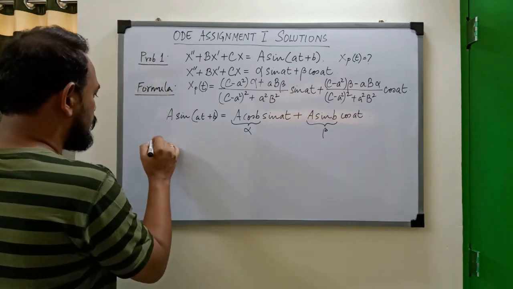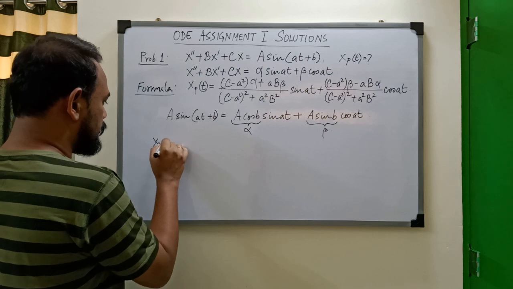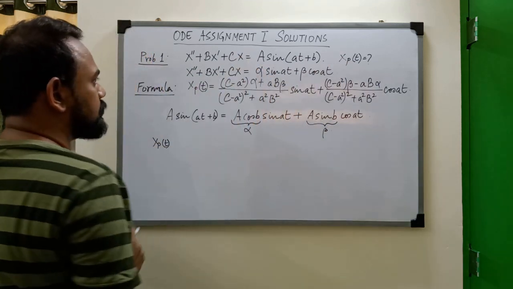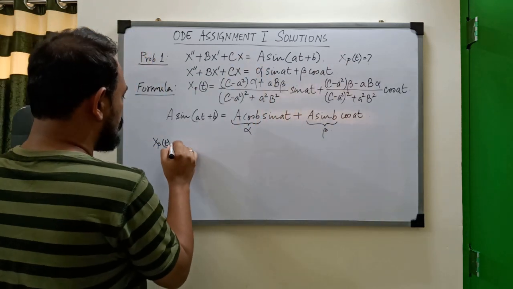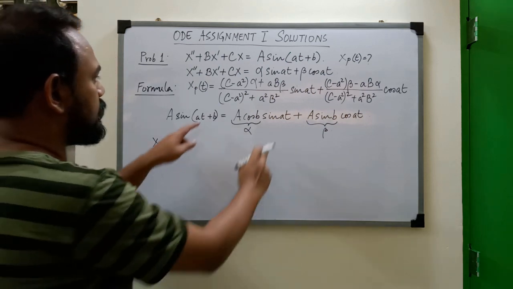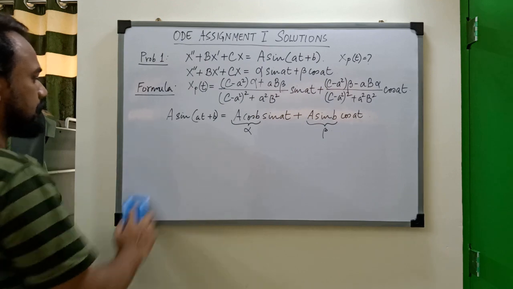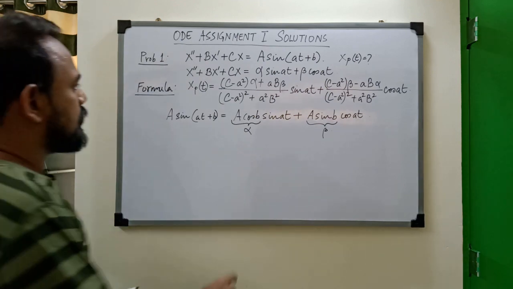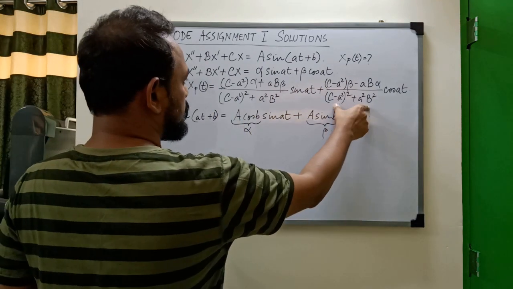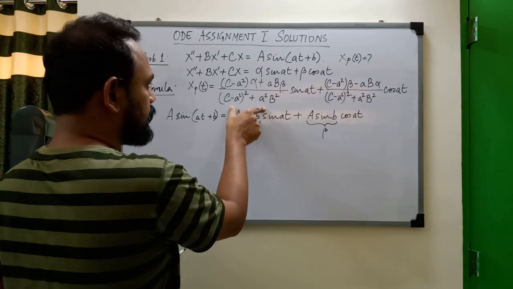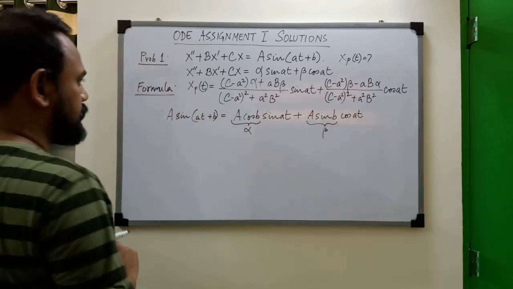Therefore, the particular solution, which is what we had to find for this differential equation, would be, well, you can see the denominator is common from both of them, so let me just be a little smart here. I can take that out and multiply it onto the left hand side.